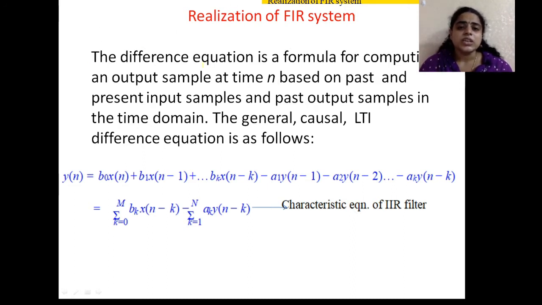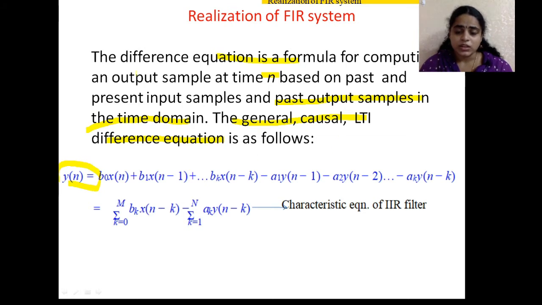The difference equation is a formula for computing an output sample at time n based on past and present input samples and past output samples in the time domain. This is nothing but linearity as well as time invariance of the system. So for that the equation will be: y of n is the present state output.